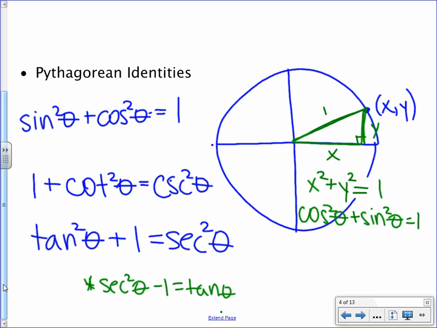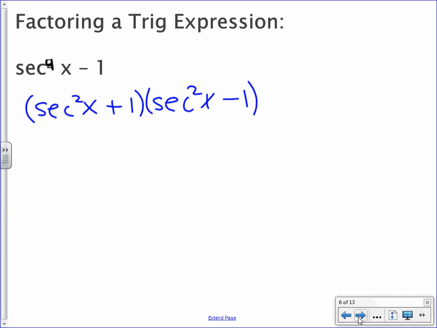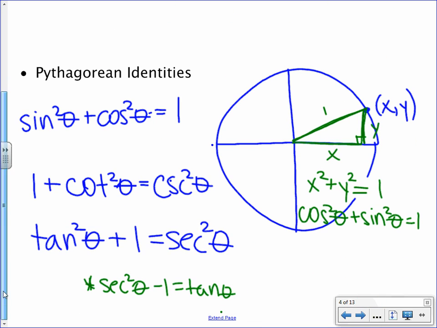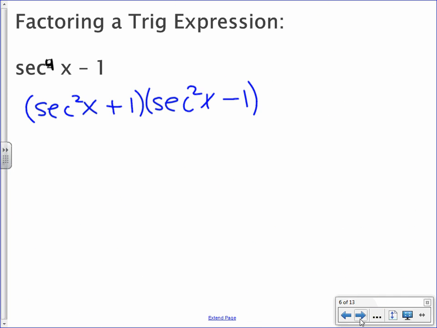Right? What do we have? We have secant squared minus 1. Oh, and we said what? That's equal to tangent squared. So what we can do is we can say that this is the tangent squared of x times secant squared x plus 1. Okay, so we factored it, and then with those factors, we can use an identity and make it look different.